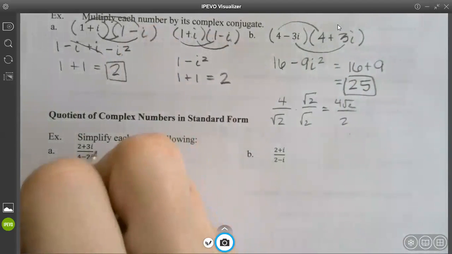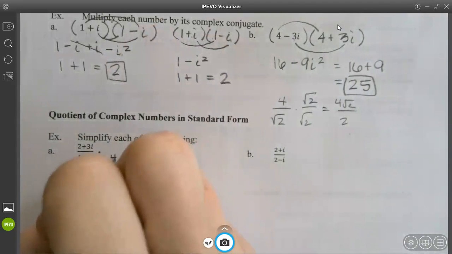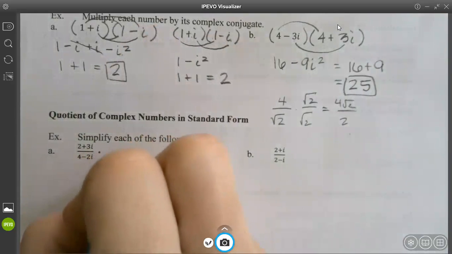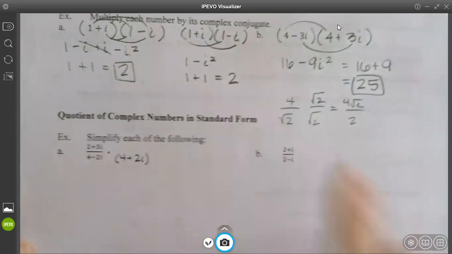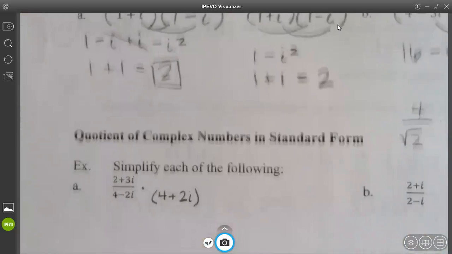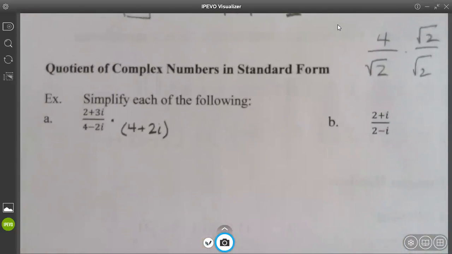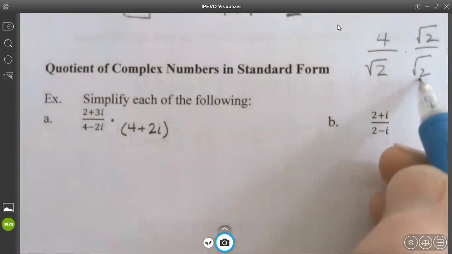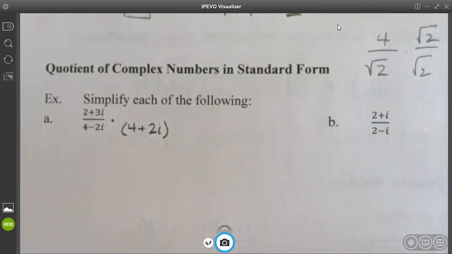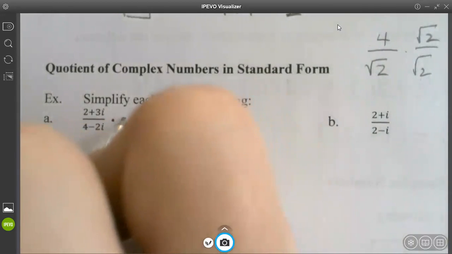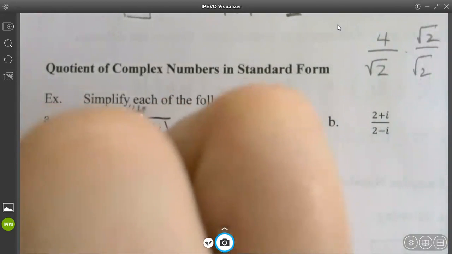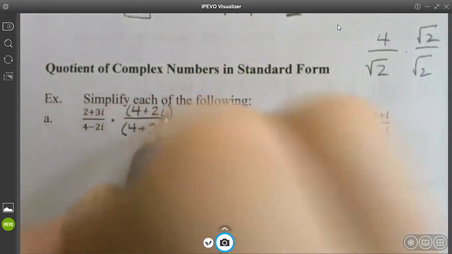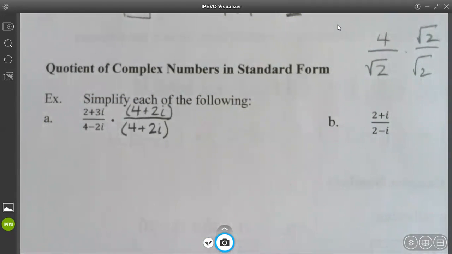Okay, so we're going to multiply this by 4 plus 2i. Just like our square roots, 2 over 2 is 1, or square root of 2 over square root of 2 is 1. So we have to put the same thing over itself. So technically, we're multiplying by 1, which does nothing.